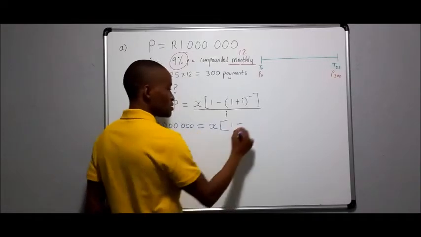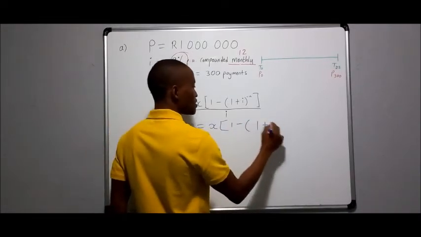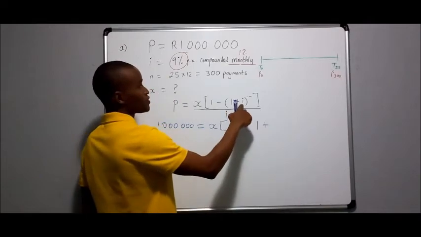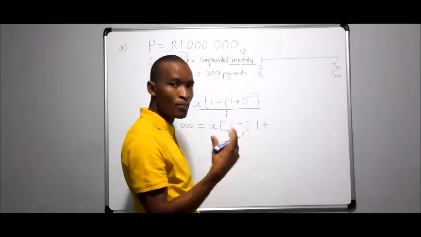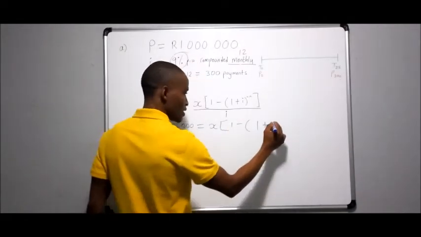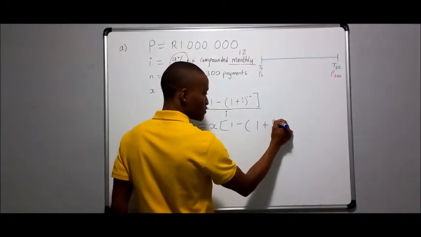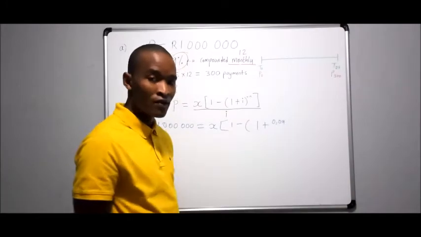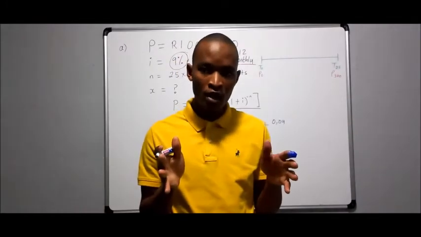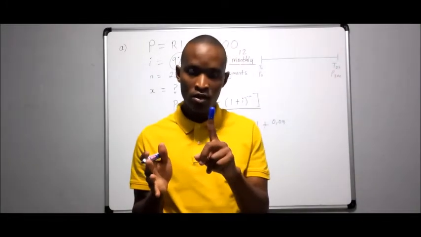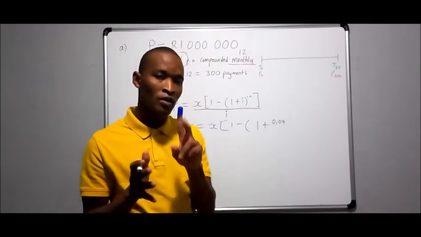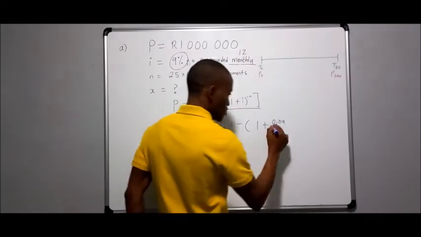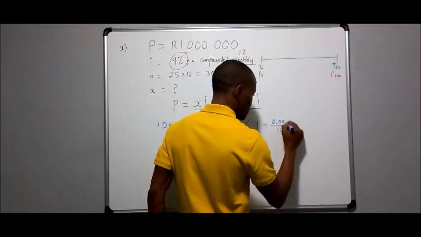It's 1 minus 1 plus what is the interest rate. It's a percentage, and a percentage is a part out of 100, so it is 9 divided by 100. It gives us what, guys? 0.09. However, it is given as per annum and we want to find out per month. In this 1 year, there are how many months? 12 months. So we divide this by 12.